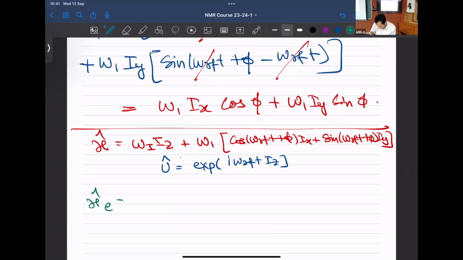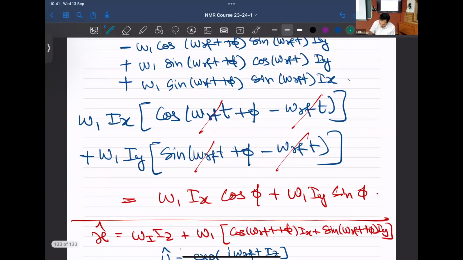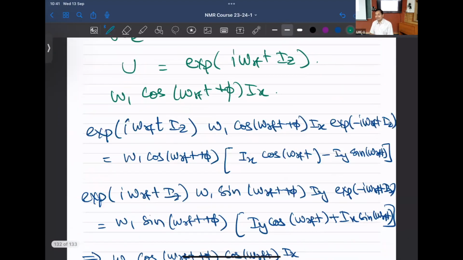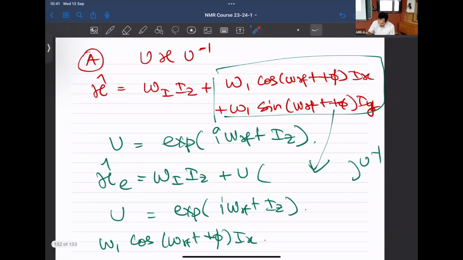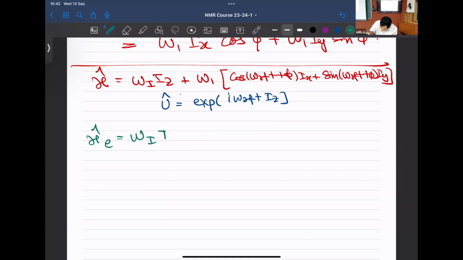I'm going to write all the parts that we started with. We said the first part will remain as it is. The second part is what we did in evaluating right now. So let me put those two together first. This one will be omega Iz plus omega 1 Ix cos phi plus Iy sin phi.